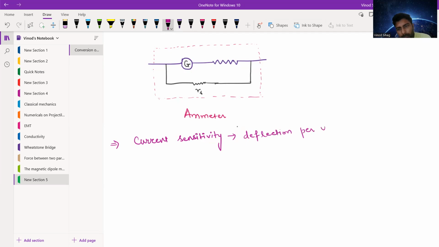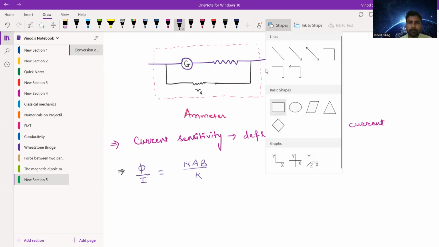Therefore, it will be phi upon I, and that is NAB upon K. So this will be the current sensitivity of the galvanometer.